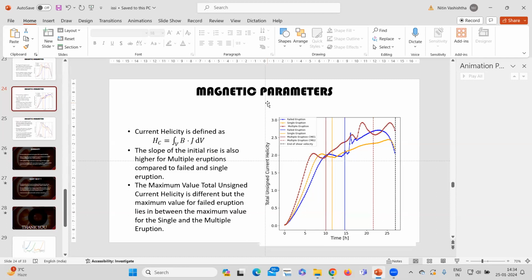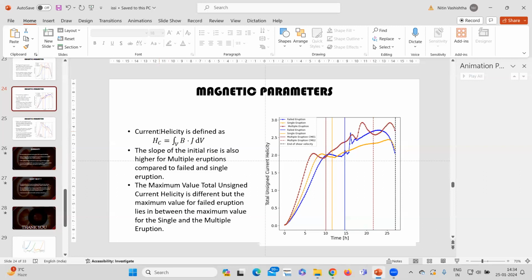Yeah, so I think this could be because while computing all these parameters, we are summing over the whole domain up to 3.5 solar radii, and we are assuming that because the majority of the shear is only in a localized region, most of this contribution in terms of helicity is coming from there.